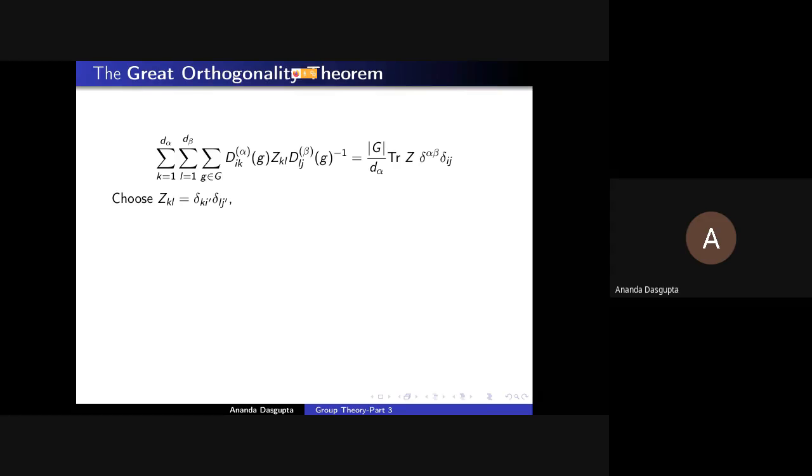Remember, you have a sum over k and a sum over l on this side, right? And if z_kl has delta_k i prime and delta_l j prime, you should all know the summation is very simple if you have delta symbols, right? What happens? There is a sum over k and you have a delta_k i prime.